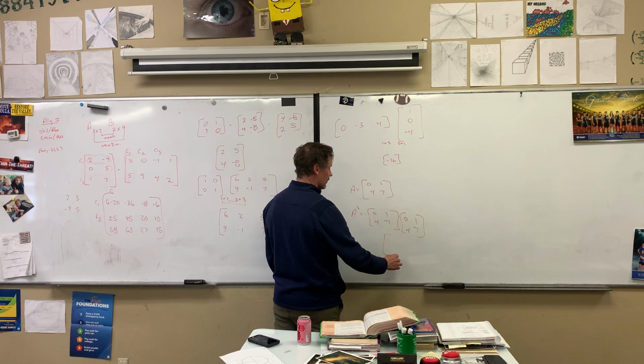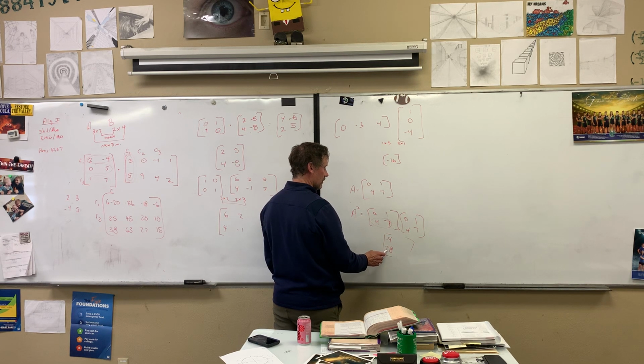And so you would end up with 0 and 4, right? And then 0 and 28. Wait, 28? No, that's a 7. 4 and 0, 0, 7 and 4 is 28. Oh, okay. I think so. Am I wrong?